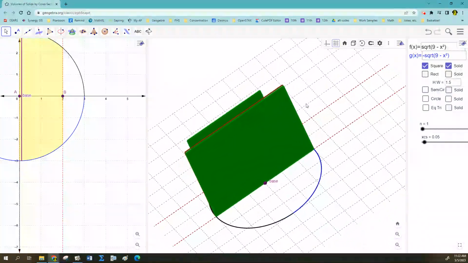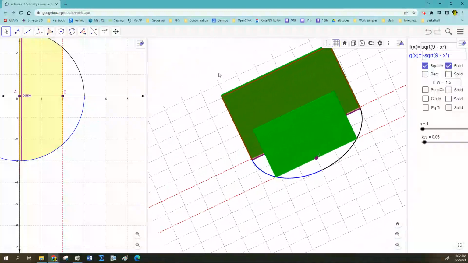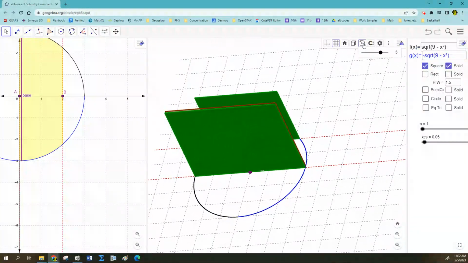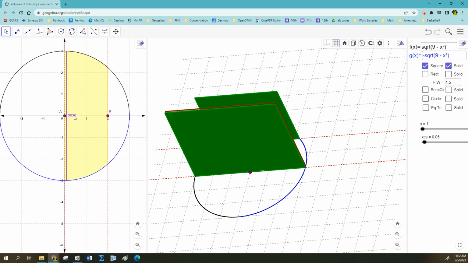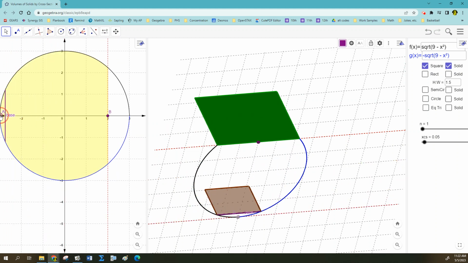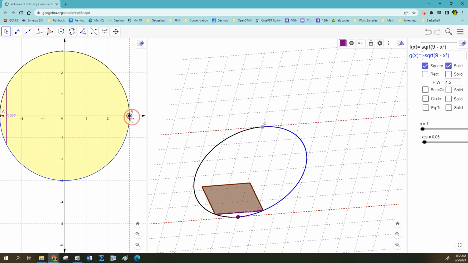Okay, and we want to have this thing, we're going to add up the area from -3 to +3.